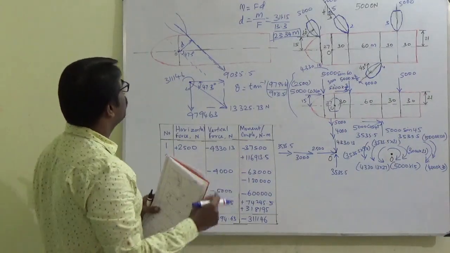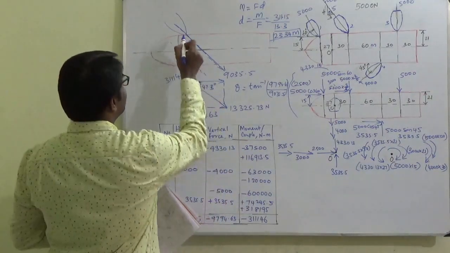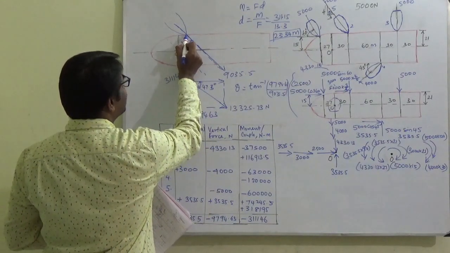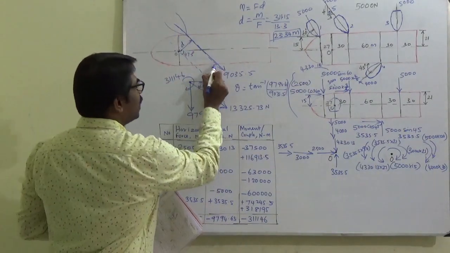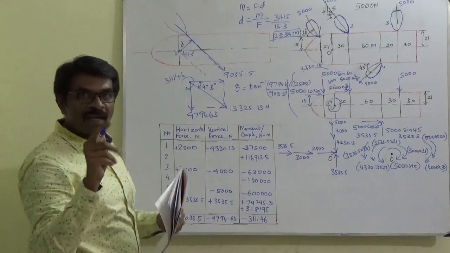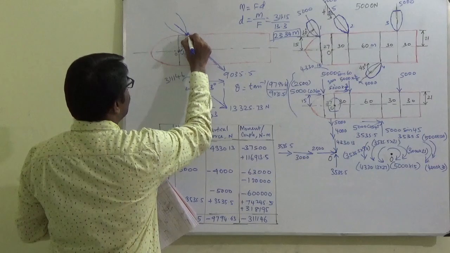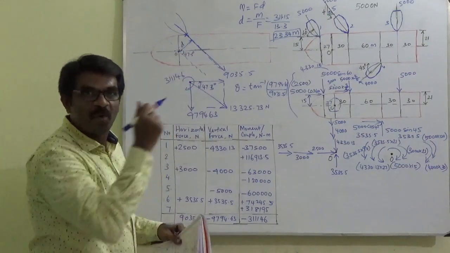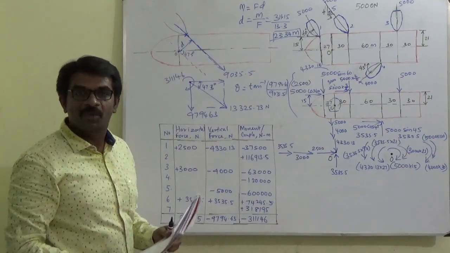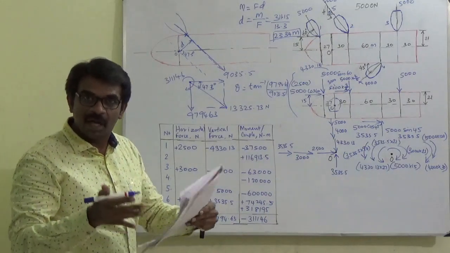But what is asked? It can only act at the hull, only on the surface. So what I have to find is this coordinate point. This point where I have to place my bigger boat.